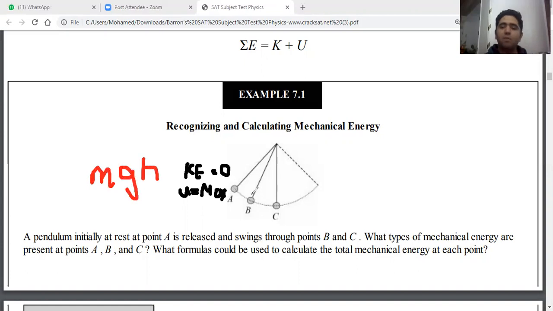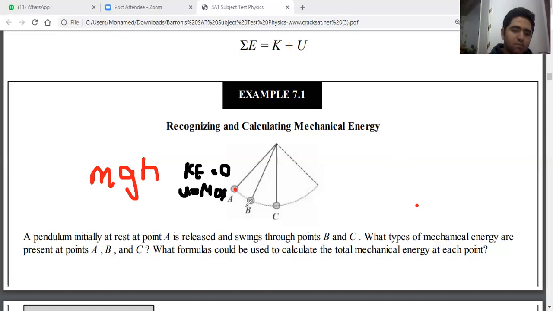Point B. Now at point B, what's happening to the potential energy? What's happening to the kinetic energy as the ball is going to point B? It's increasing, right? The speed is increasing.